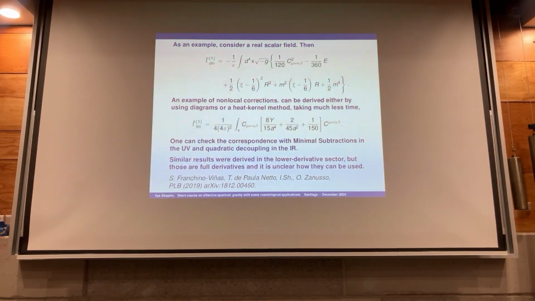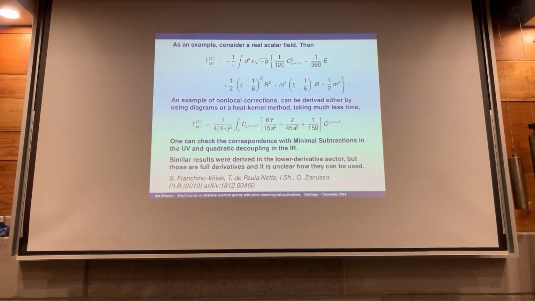Okay, all intermediate formulas you can find in this book of ours, and you calculate absolutely the same form factor. So it doesn't change things. Also, this was done in this paper, with Sebastian Franchino-Viñas, Omar Zanusso, and Tiberio, who was at that time our student, and now he's our professor.